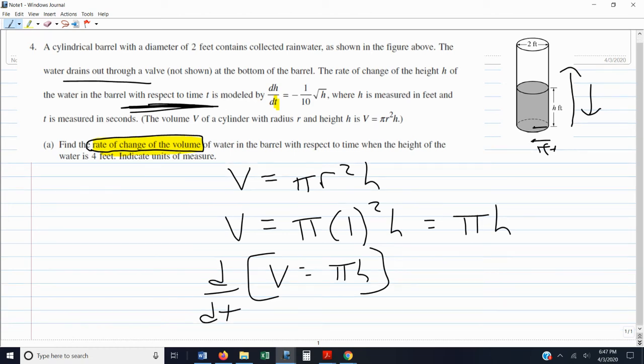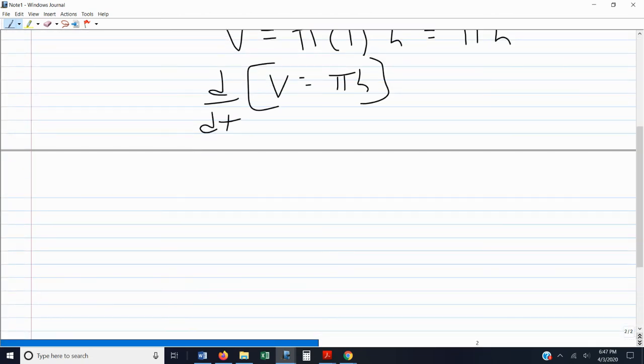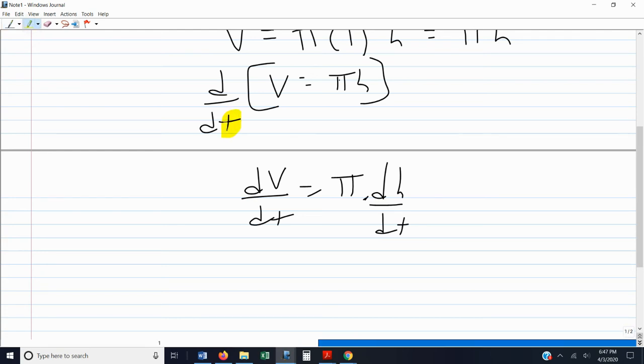So if we are taking the derivative with respect to t, the derivative of v is v prime, but on these problems, we were writing it as dV/dt, the other notation. Pi is a constant and it can move down, and the derivative of h is h prime or dh/dt. Remember the fact that these don't match.